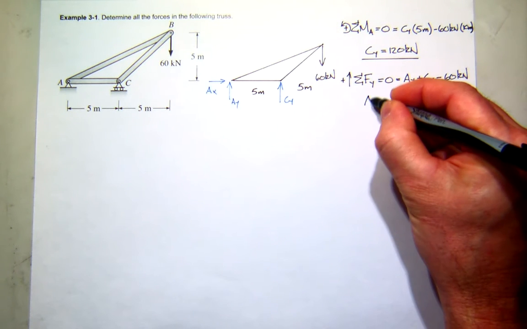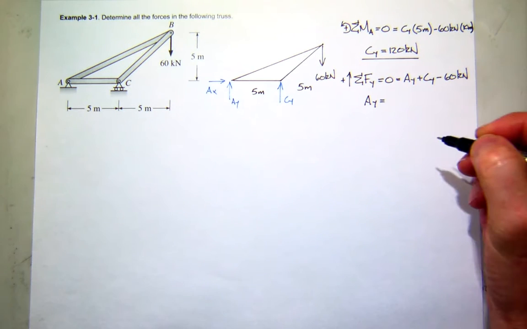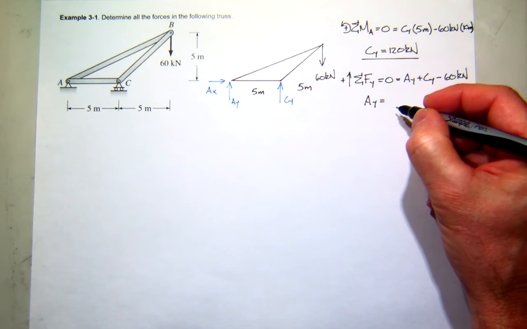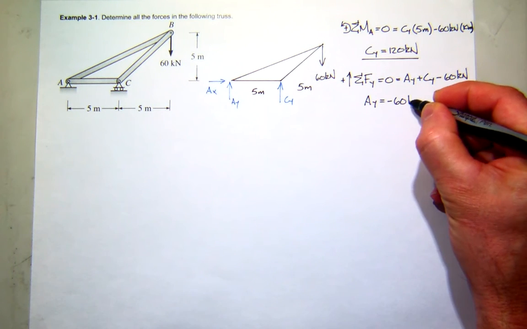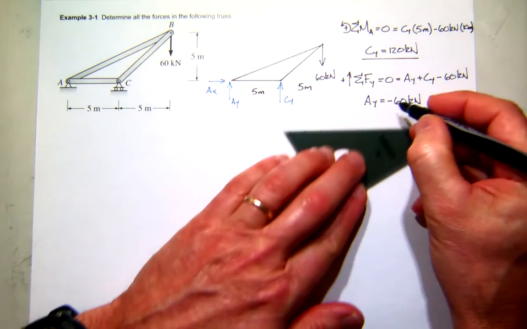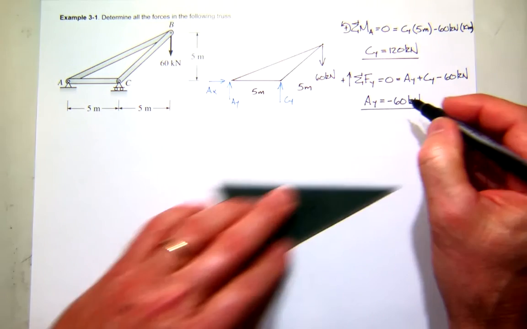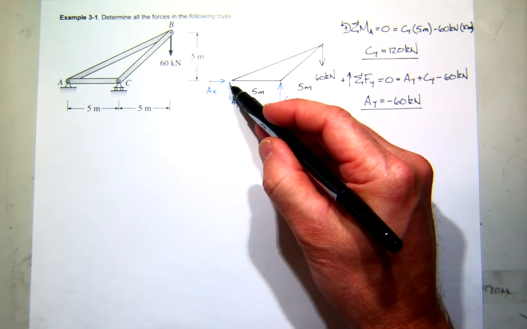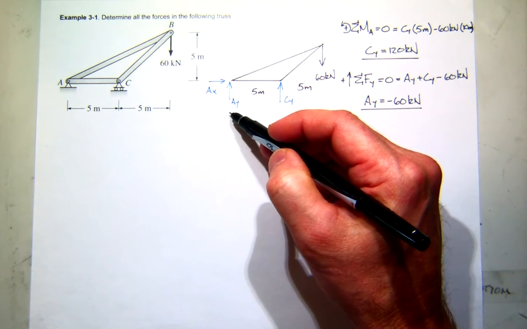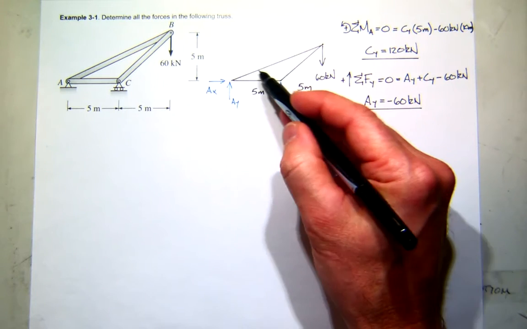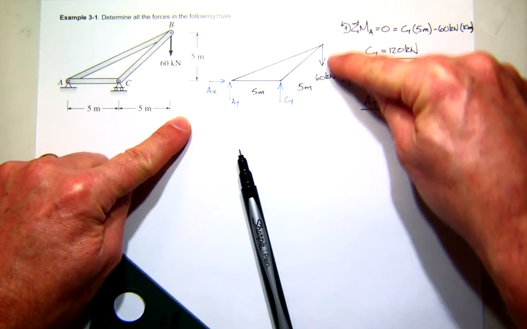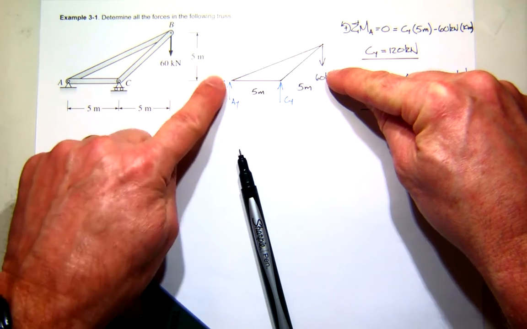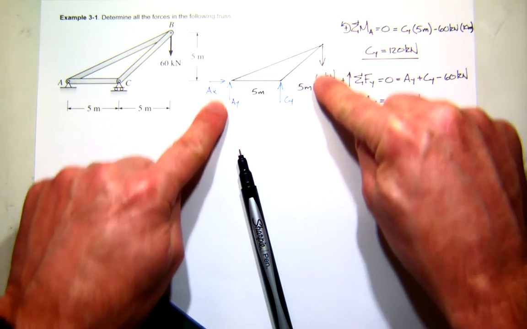So when you solve for AY, what do you get? 60 kilonewtons, right? But it's negative. Does that make sense? Does it make sense that AY needs to be pulling down? Well, this is kind of like a really crazy seesaw. I'm pulling down here 60, pivoting about C. I better pull down here at A equal to balance it.